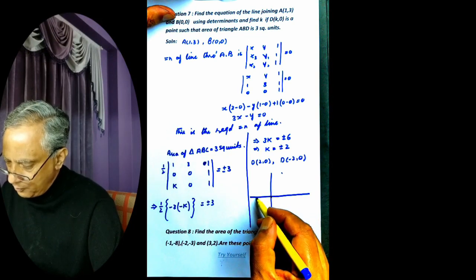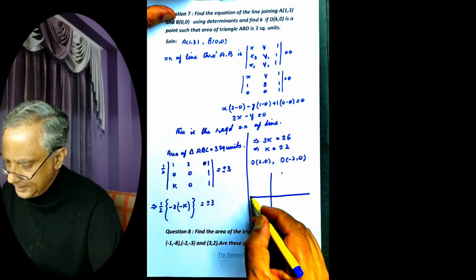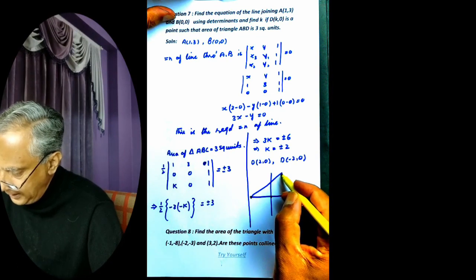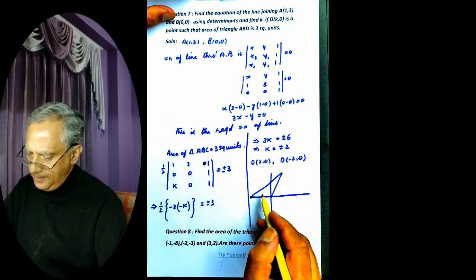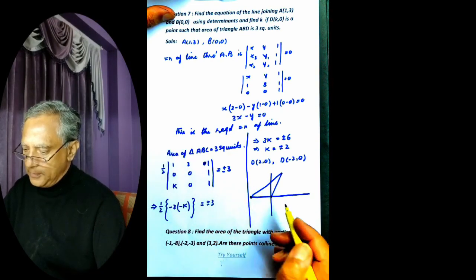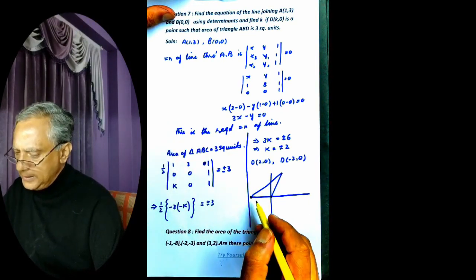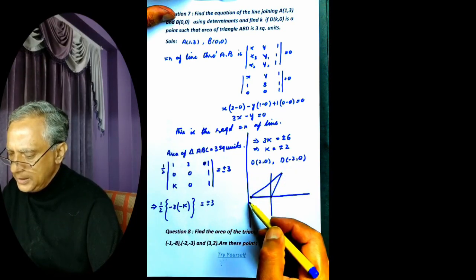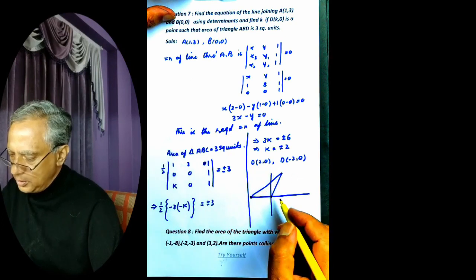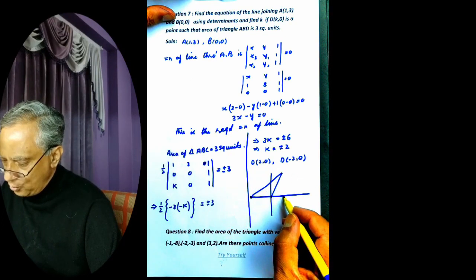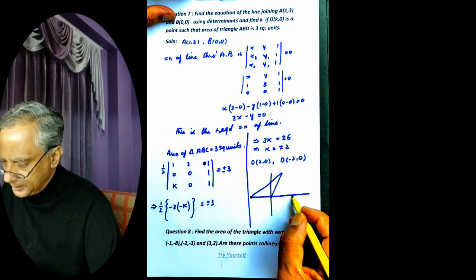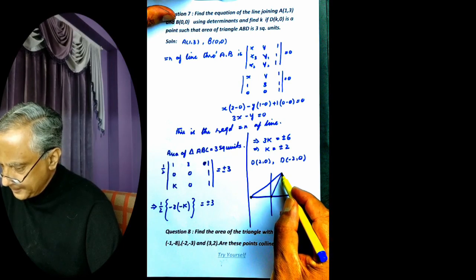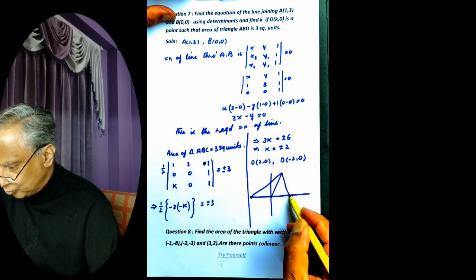This is the triangle with area equal to 3. Now the second triangle has the point D(2, 0). This is D(minus 2, 0) and D(2, 0). So what we get is this triangle.